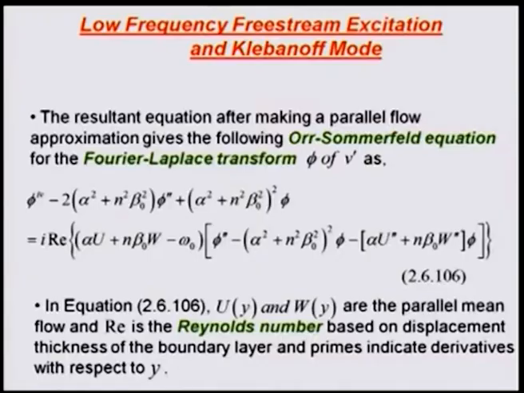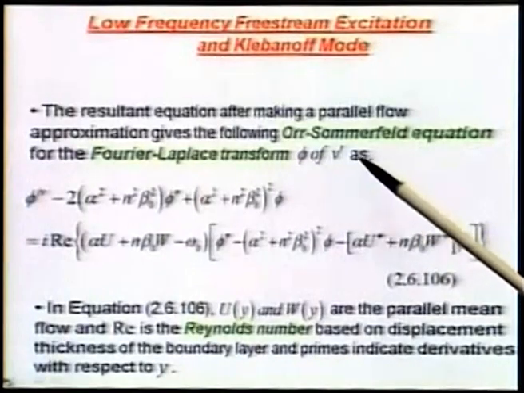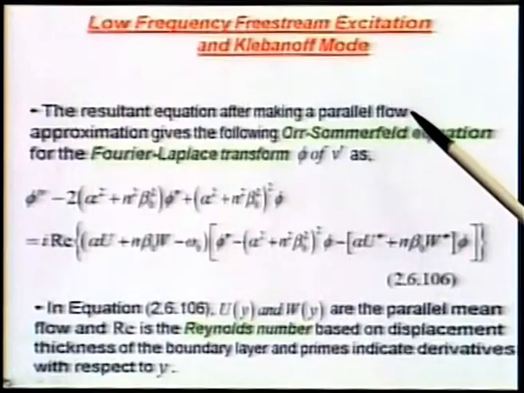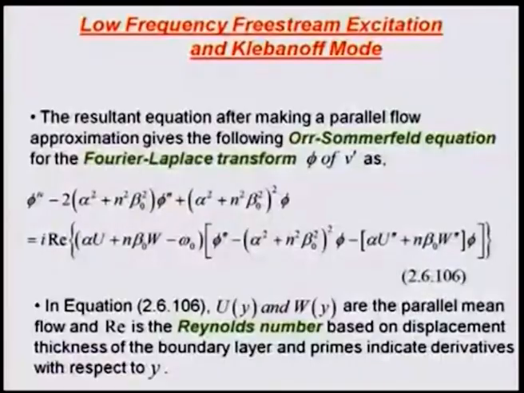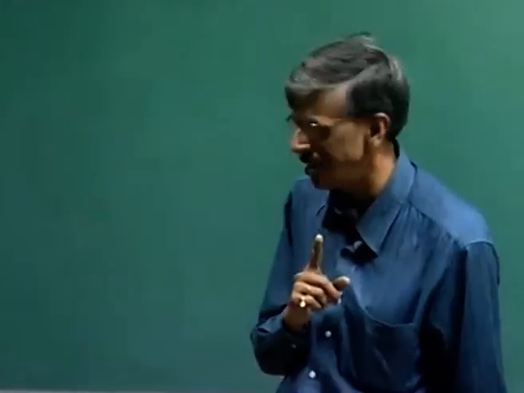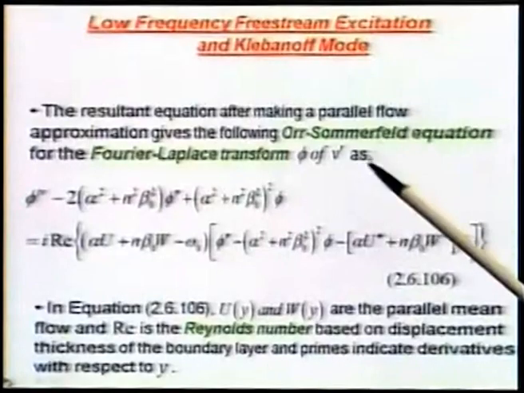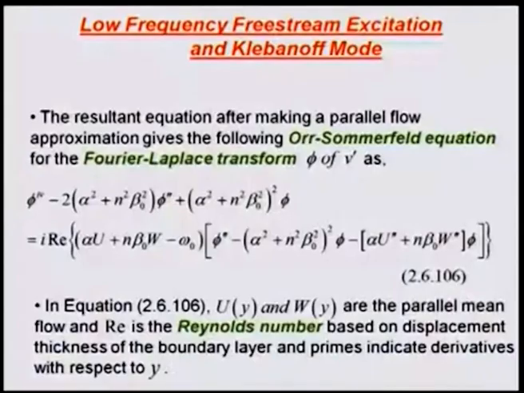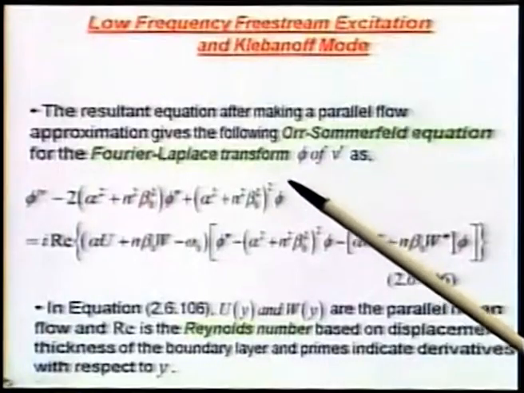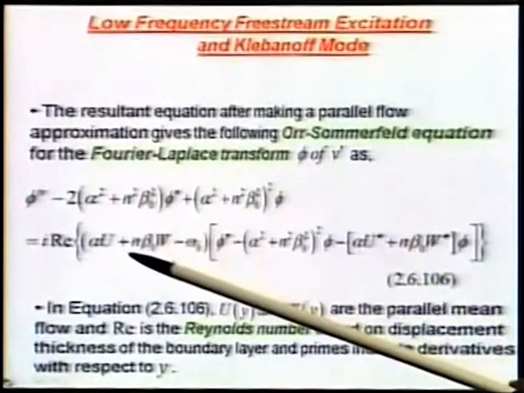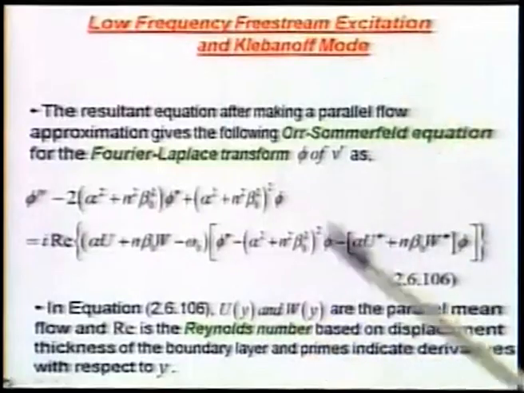So, we are basically talking about the Sommerfeld equation for the Fourier Laplace transform phi, which is the amplitude of the wall normal component of the velocity V prime. This prime is not a derivative, it means perturbation quantity. Please note that the prime and the primes here are of different kind. This is the generic Sommerfeld equation for 3-dimensional mean flow and 3-dimensional disturbance field.